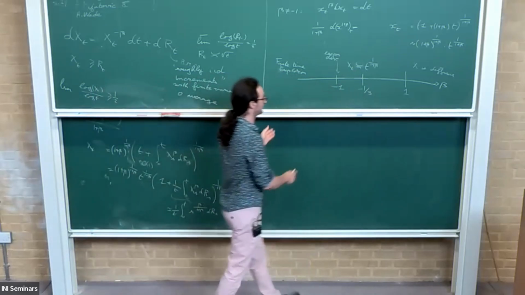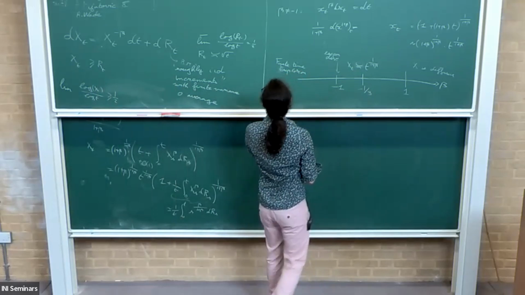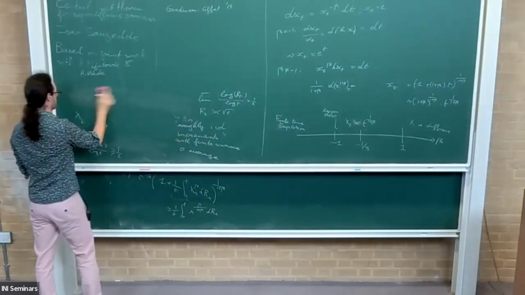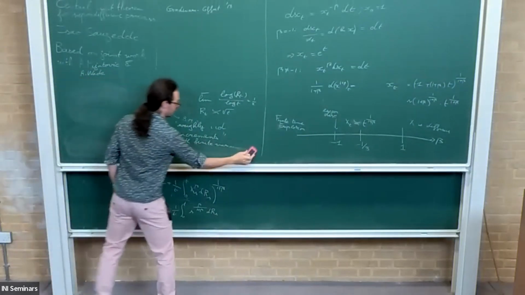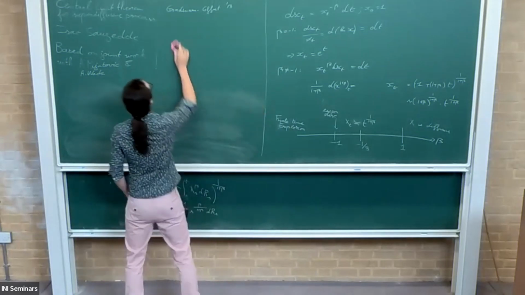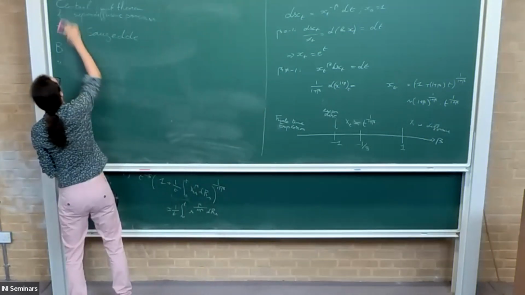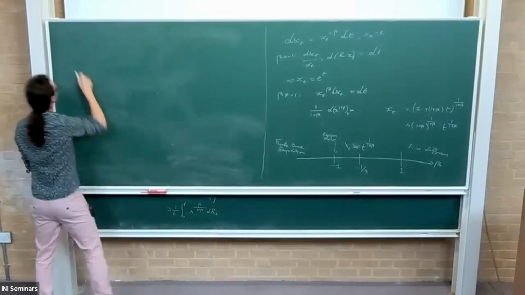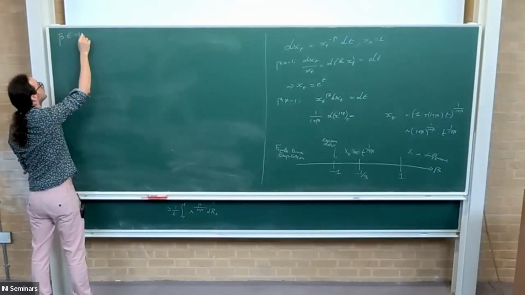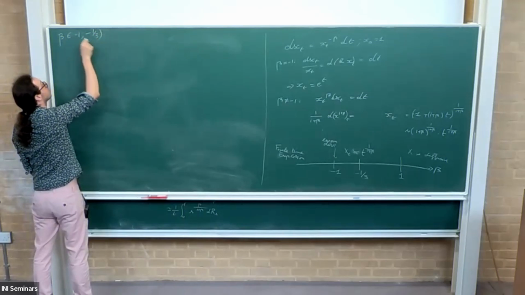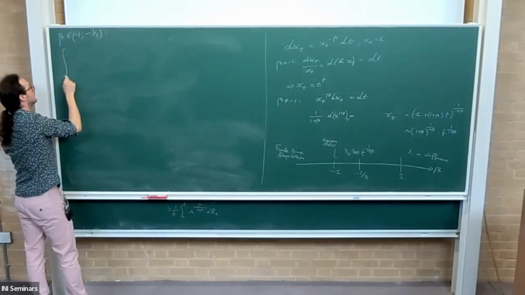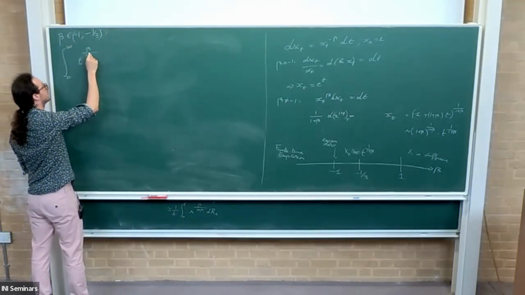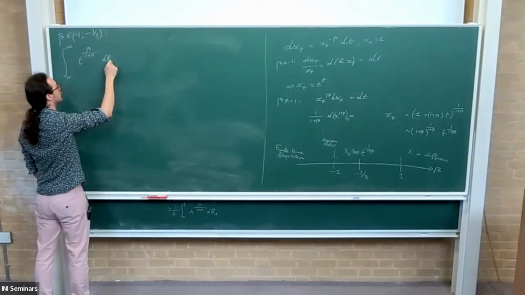So what I'm saying essentially is that in this window, I think it's time to erase some things. In the window in between minus 1 and minus a third, you should expect that this integral is finite.